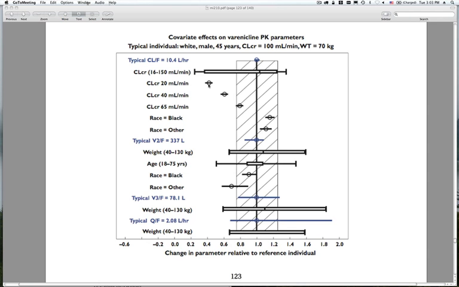You see here the point estimate and the confidence interval, or the bootstrapped credible interval here, which describes the uncertainty in that effect. And you see that at low creatinine clearance there's a considerable difference between these individuals compared to the typical individual. Probably about a 40% reduction here in clearance, which would correspond to an increase in exposure.